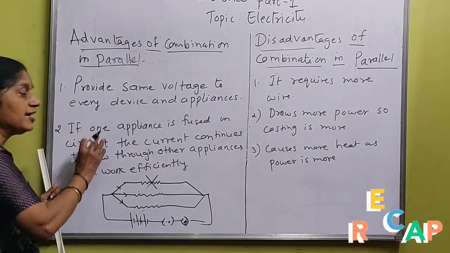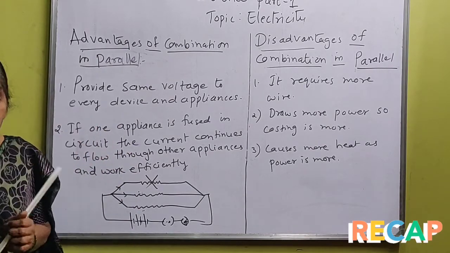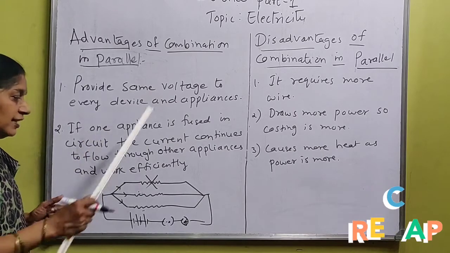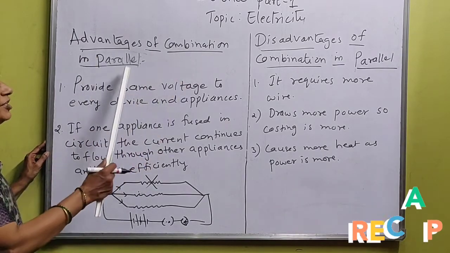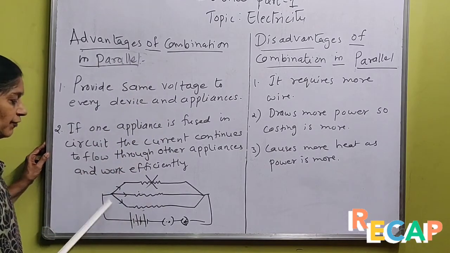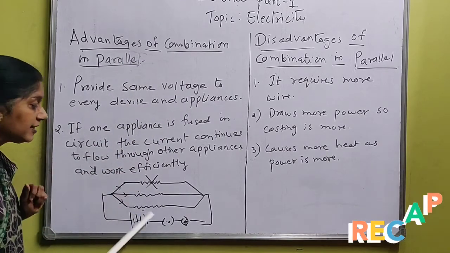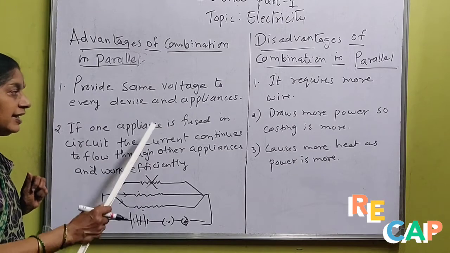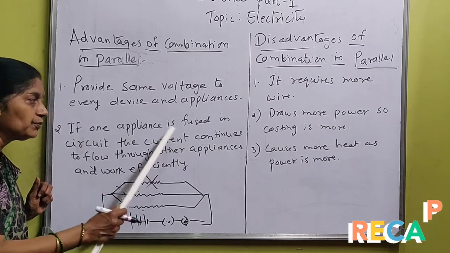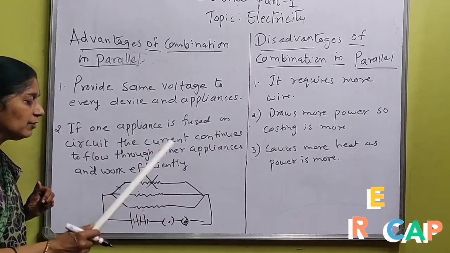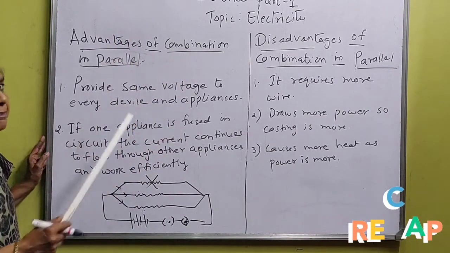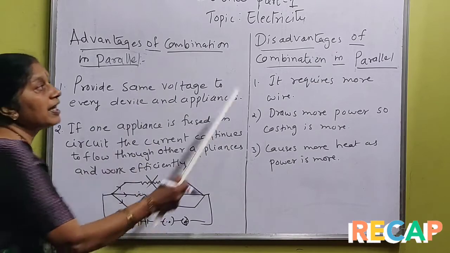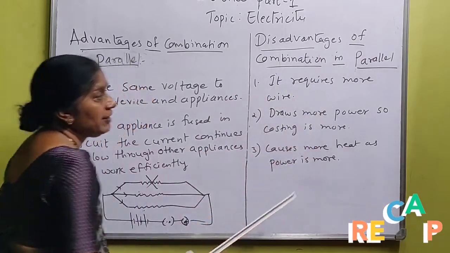In one room the fan is not working, in another room the fan will be working, because the wiring is done with the combination in parallel. So the flow of current will be constant in other devices. If one device gets fused or current is not there in one device, this is the advantage of combination in parallel. Let us see what the disadvantages of combination in parallel are.